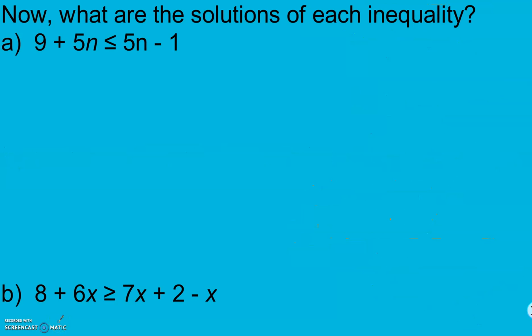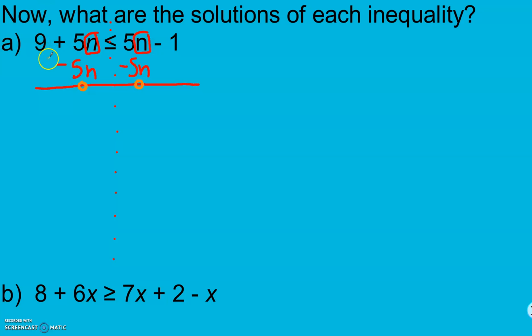Now, feel free to pause here and give this a try if you'd like. For A, both expressions are as simple as we can get them. So I'm going to go ahead and try and get my variables together on one side. I get rid of a 5 by subtracting. Positive 5 to get to 0, we take it away. 5 minus 5 gives me 0, and 5 minus 5 gives me 0. I have no n's left.